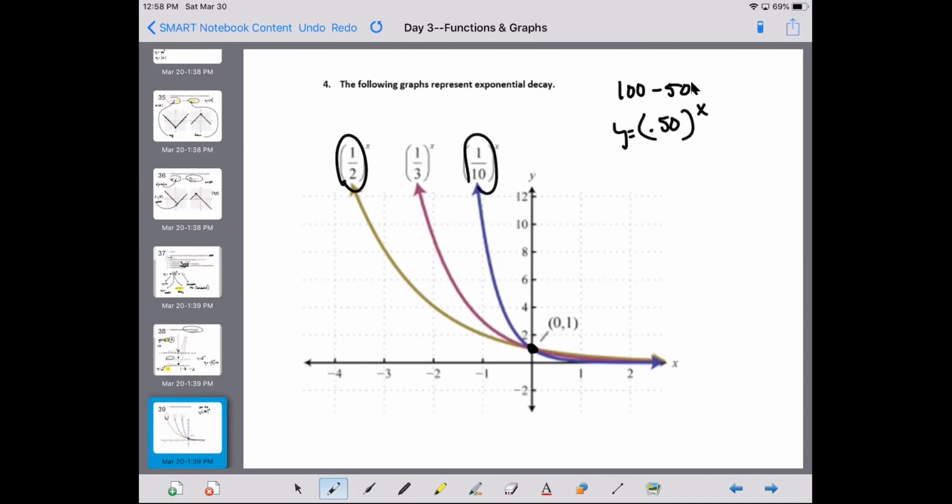This one would be 33% roughly, and they all go through the y-intercept of 0, 1. And notice they all are hugging this y equals 0, because all of these graphs have a +0 at the end. So that's why they all have that same horizontal asymptote of y equals 0.